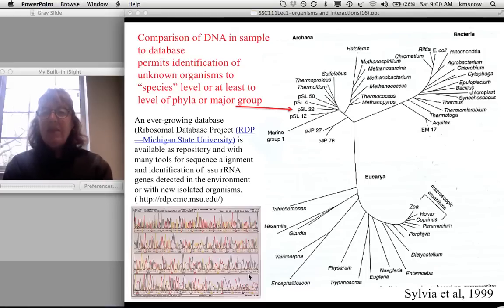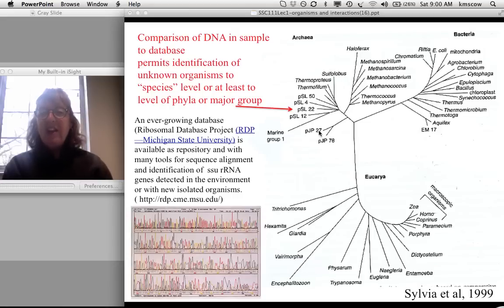And then you can submit that to a database. The RDP database at Michigan State is one where your sequence will be matched against existing sequences, and perhaps you'll find, whoa, it's a Thermoproteus, blah, blah, blah, and you get a really good match.